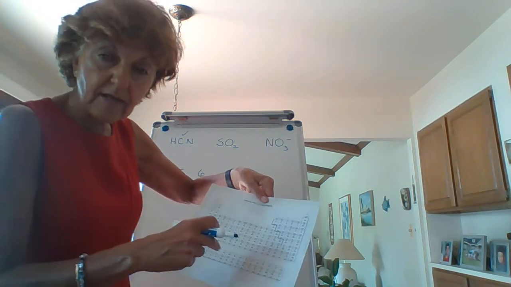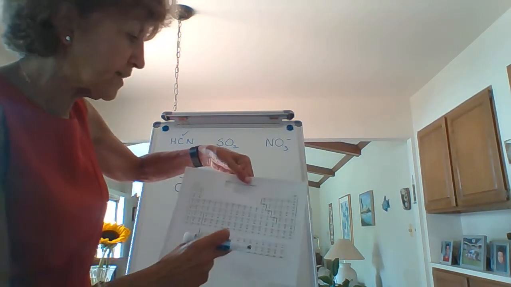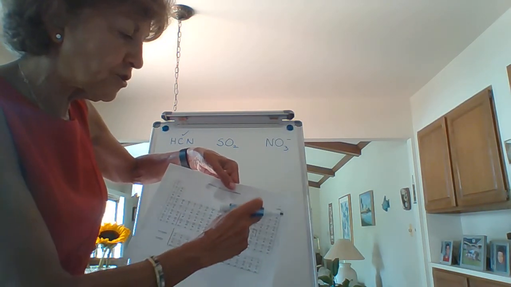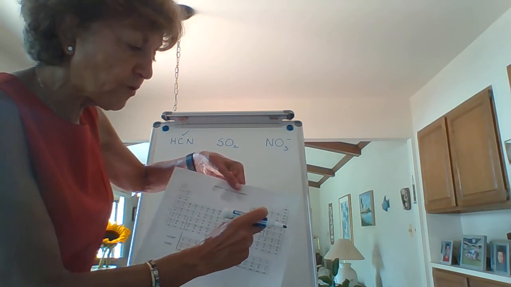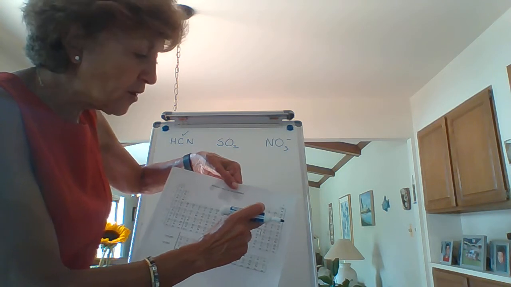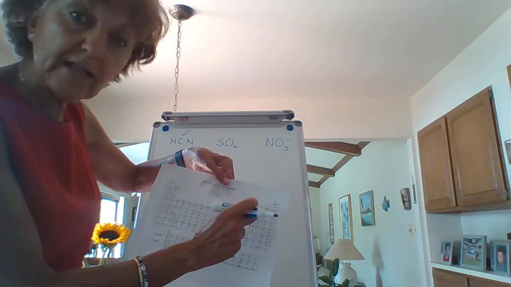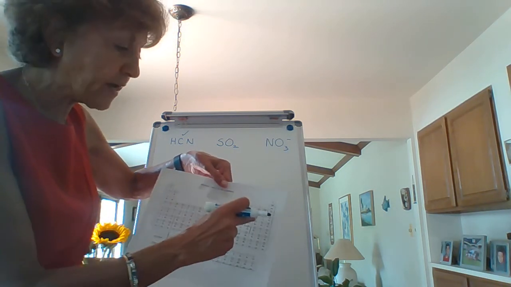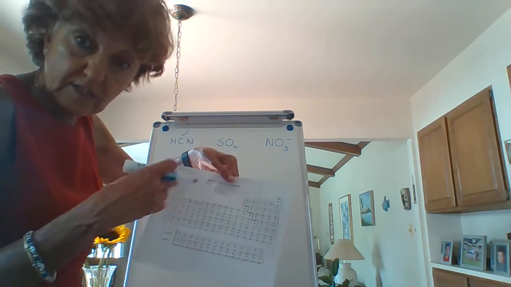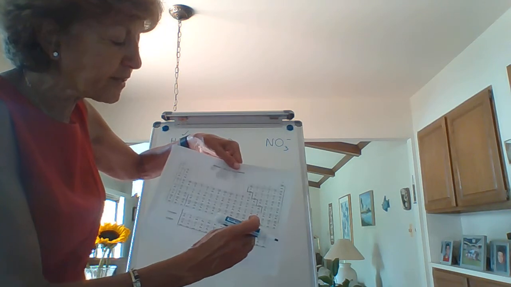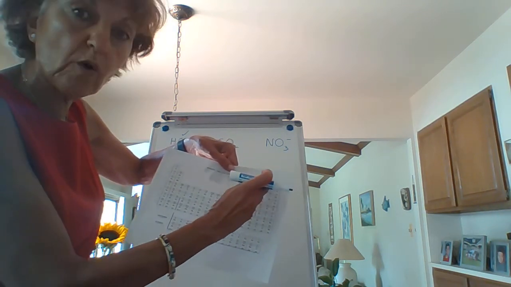Well, in a later video, I'm going to talk about electronegativity. Sulfur and oxygen are in the same group, but oxygen is more electronegative than sulfur. So we always choose the one that is less electronegative for the central atom. So I'm going to choose the sulfur in the middle. When we study electronegativity, you're going to learn that electronegativity increases as you go up a group.